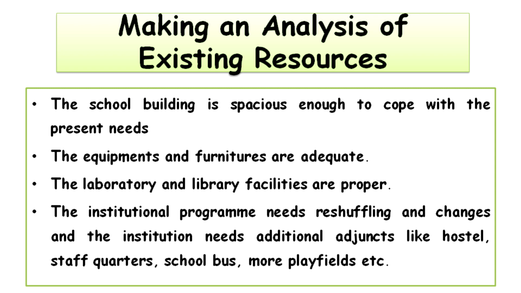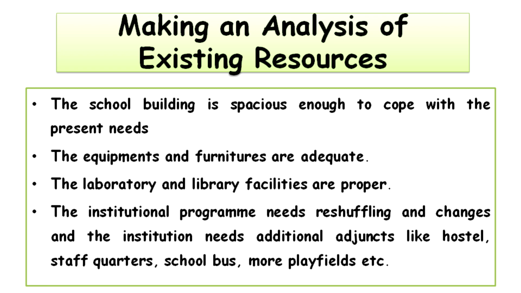So coming to the second step, making an analysis of existing resources, there we can see whether the school building is spacious enough to cope with the present needs. Then whether the equipments and furnitures are adequate. Then the laboratory and library facilities, are they in proper shape?